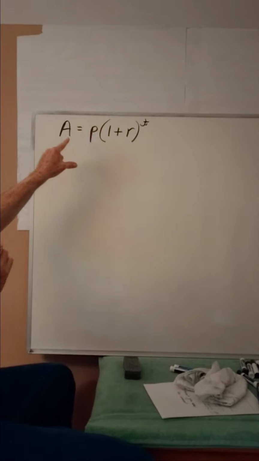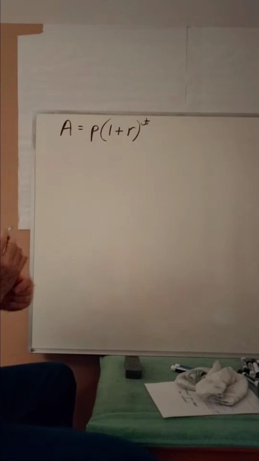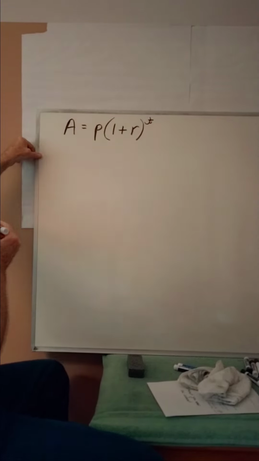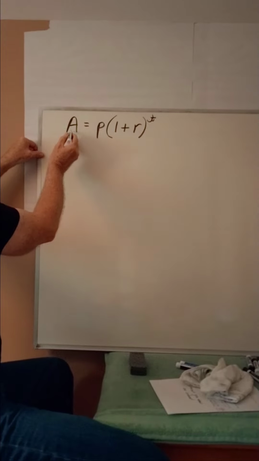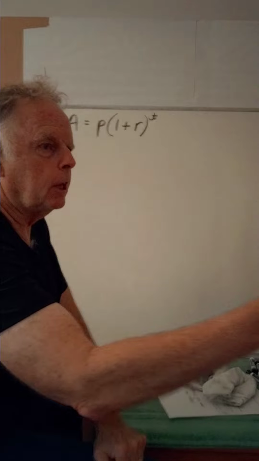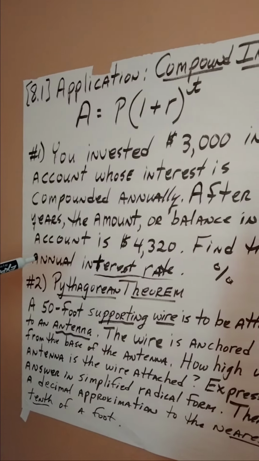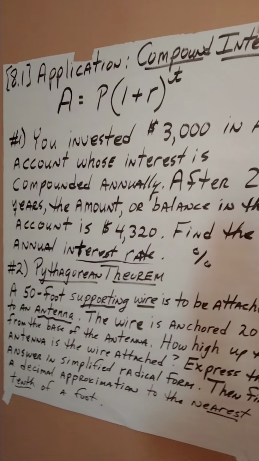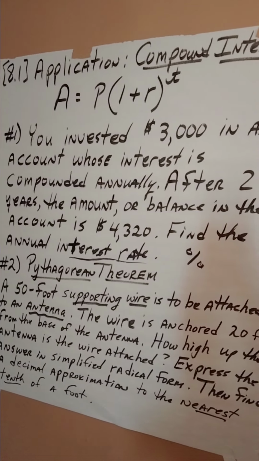Now we're going to substitute the information in our problem, and then we're going to go about the business of solving the equation. The A is the amount of money that is going to be in the account after 2 years. 4,320 is the amount, so that's going to be positioned right here.